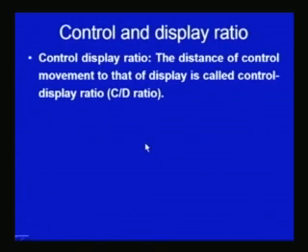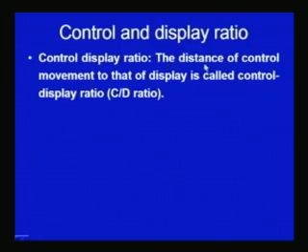The control and display ratio is one important parameter which is used in the design of control and display devices. The control and display ratio indicates the sensitivity of the control device.